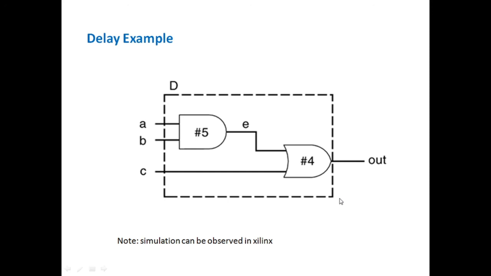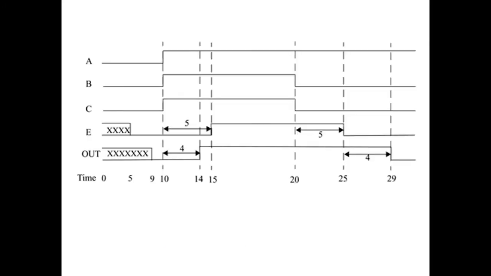Why up to 9 seconds? This OR gate is dependent on this input E and this input C. So once it receives the E and C values, the output will be evaluated after 4 seconds. That means for up to 9 seconds the output of your OR gate is unknown.